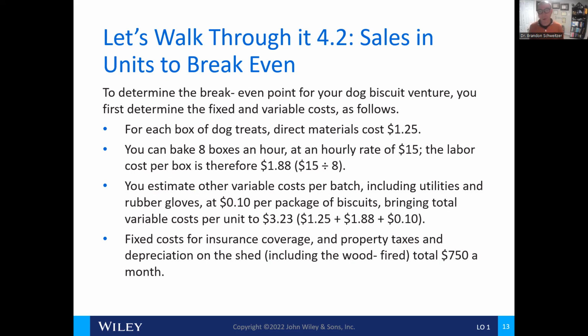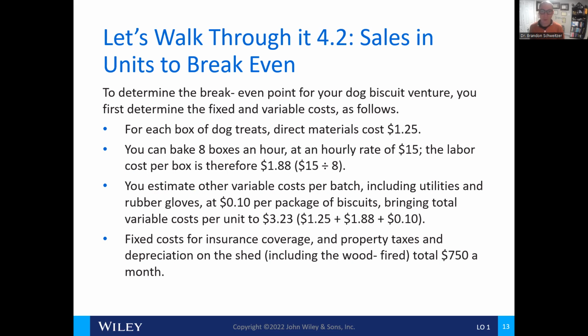We estimate that the variable costs on a batch include utilities and rubber gloves. That's 10 cents per package of biscuits, bringing the total variable cost per unit to $3.23. How we got that is the $1.25 of direct materials, plus $1.88 in direct labor, plus the 10 cents in variable factory overhead, to get to $3.23 per box.